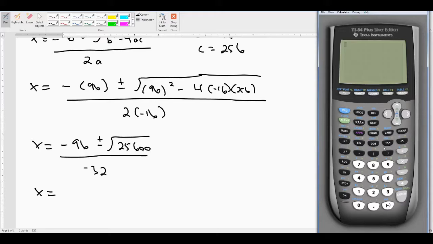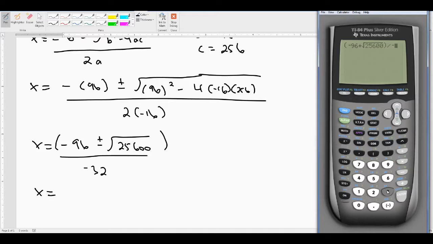Now when I type this in on my graphing calculator, I'm actually going to do it all at once. So just go ahead and type in the whole thing. I'm going to put the numerator in parentheses. Negative 96. Do the plus part first. Second, square root 25,600. Notice I had to hit the arrow key to bring the flasher outside the square root.